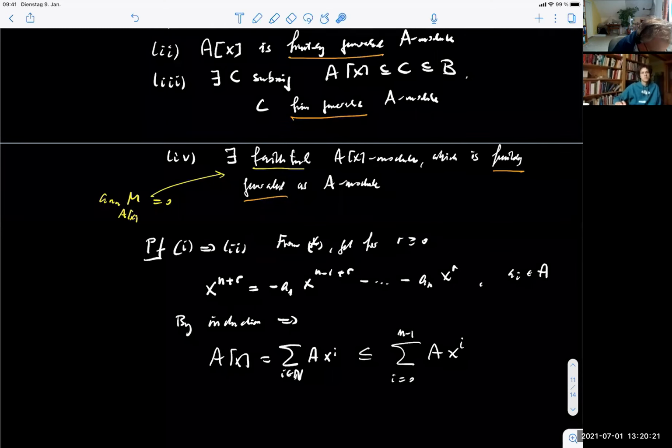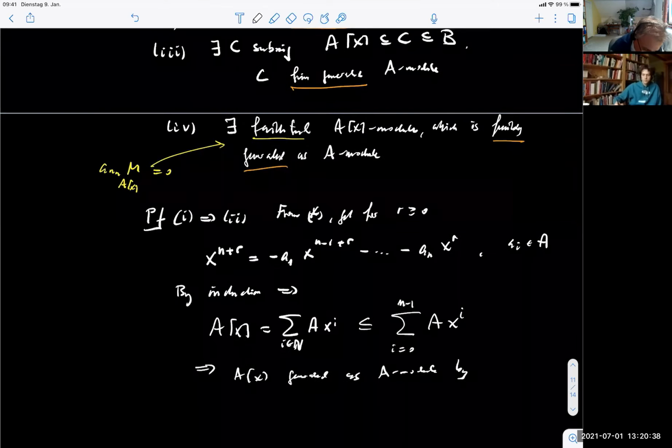Then we have this. And what we see, well, it's finitely generated. So we see A[x] is generated as a module by 1, x, x squared, and so on, up to x^(n-1).